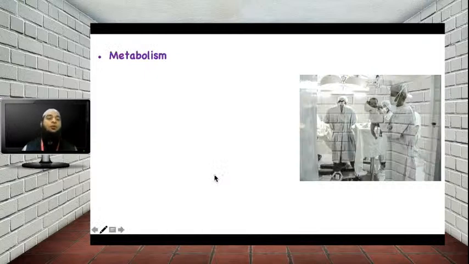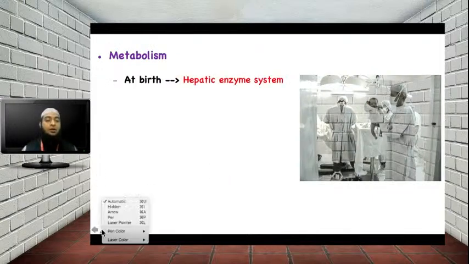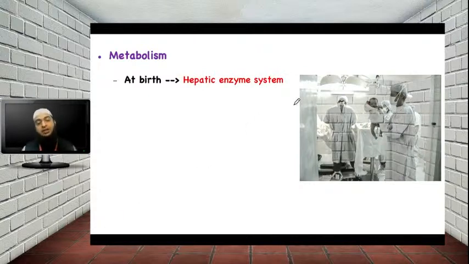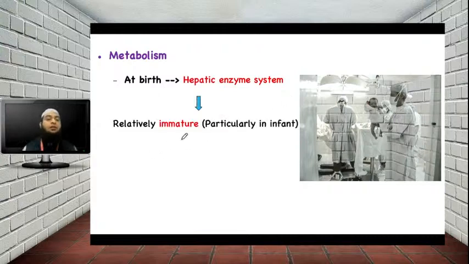Now let's see what happens with the metabolism of the drug in children. The metabolism of the drug is very unpredictable and it changes quickly as age advances. Like at birth, the hepatic enzyme system is relatively immature because the liver is not completely developed.